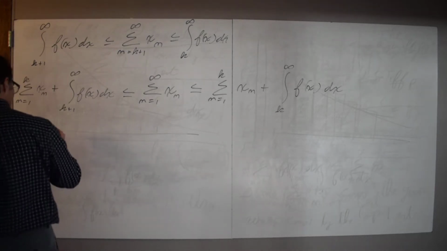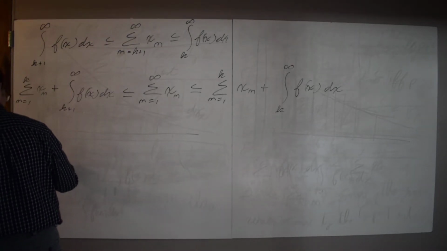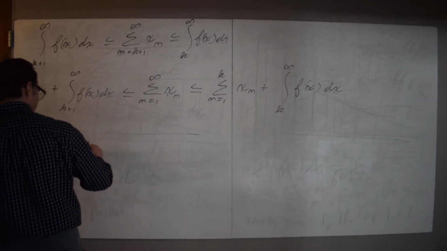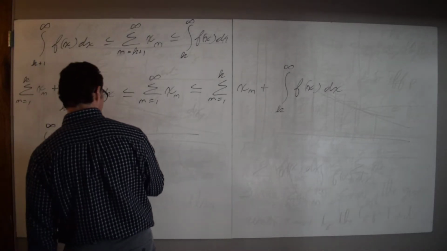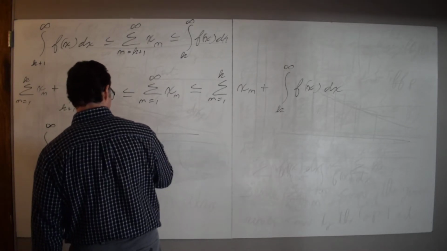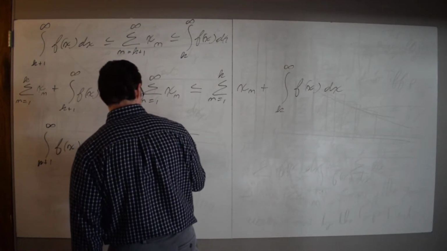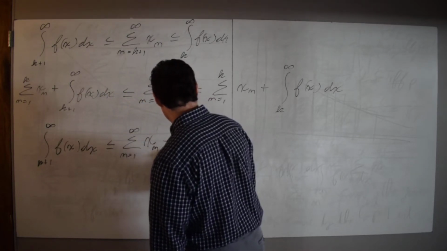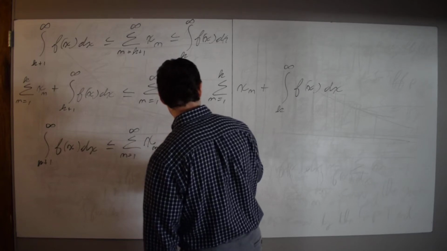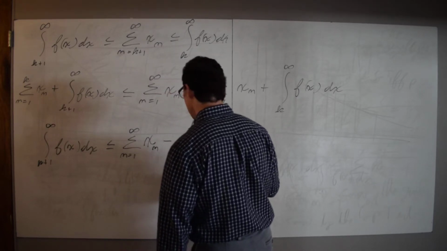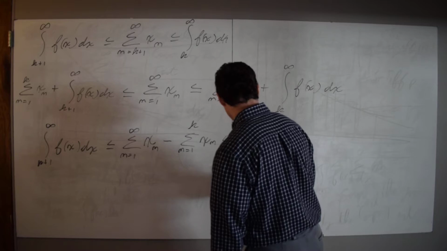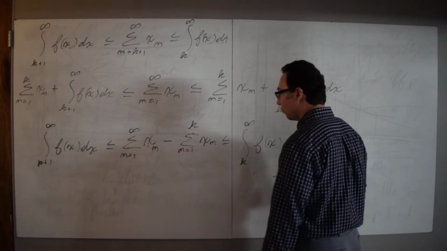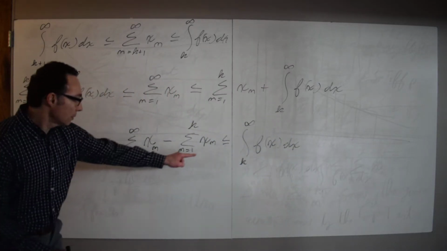And when we do that, we have the integral k plus 1 to infinity of f of x dx less than or equal to the sum n equal 1 to infinity of x_n minus the sum n equal 1 to k of x_n less than or equal to the integral k to infinity of f of x dx. This is our estimate.